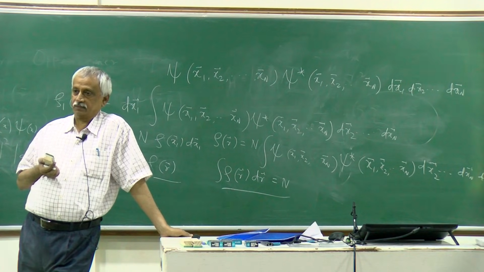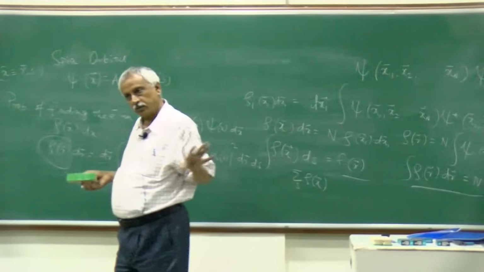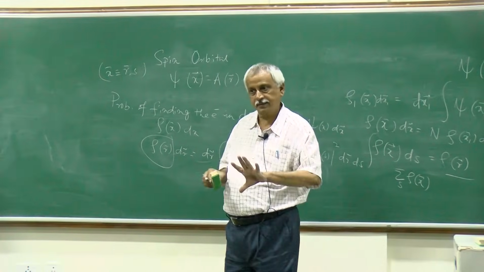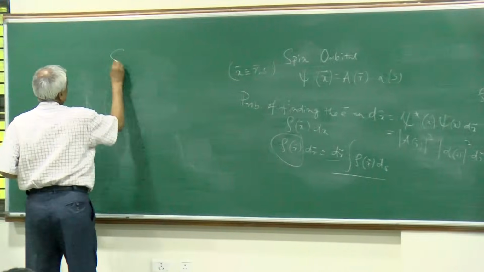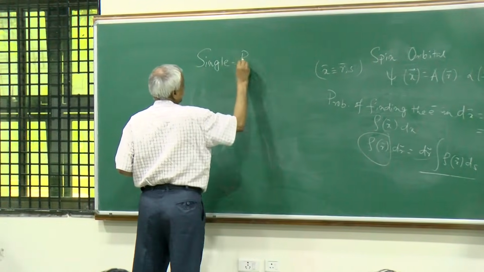That one is called a two particle density. So this one, the common language for the single particle density, rho of R, is single particle density.